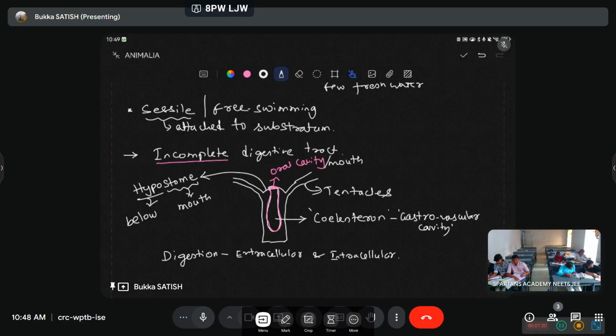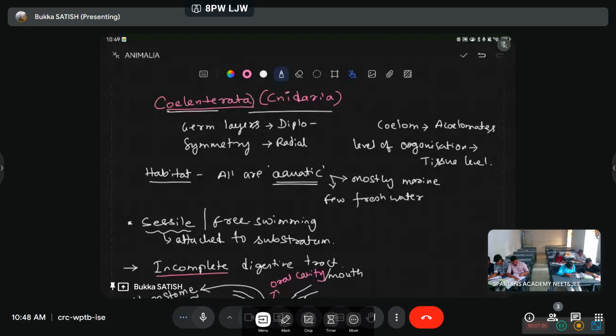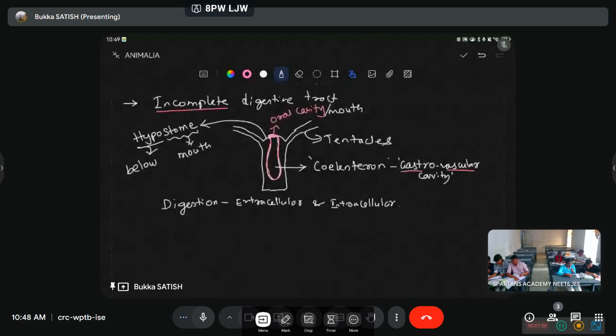So what is meant by that? Gastro, digestive; vascular, transport. So it is helping in the digestion as well as in the transport. That's why the name gastrovascular cavity, which is coelenteron. That's why the name coelenterata. This particular name coelenterata is because of the presence of coelenteron only.